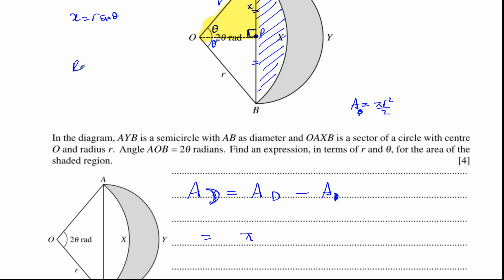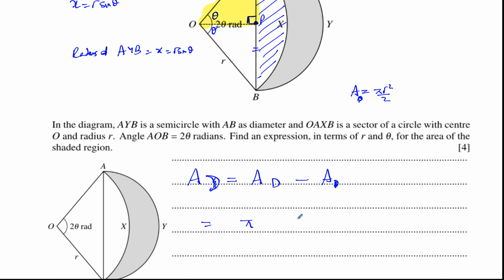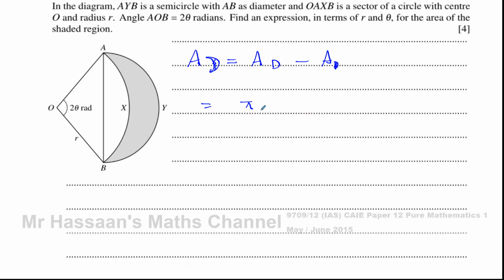So the radius of AYB is x, which is r sine theta. Okay, x is r sine theta. So it's going to be pi times r squared, so it'll be pi times r sine theta squared, divided by 2.